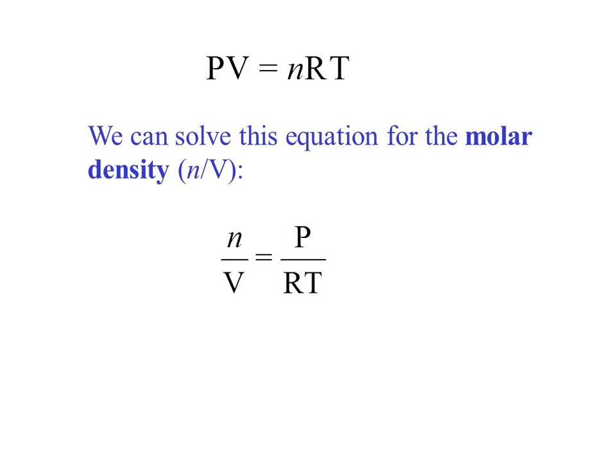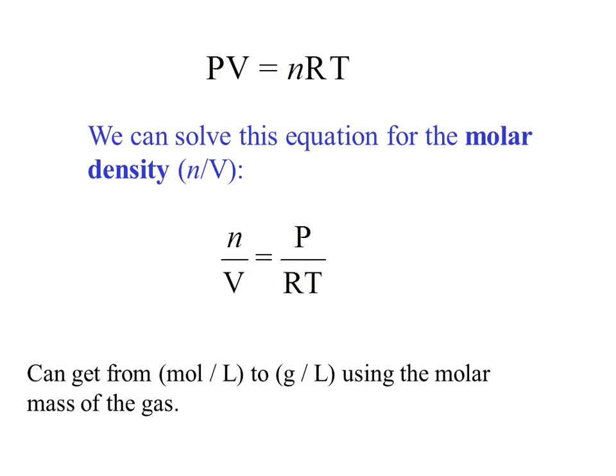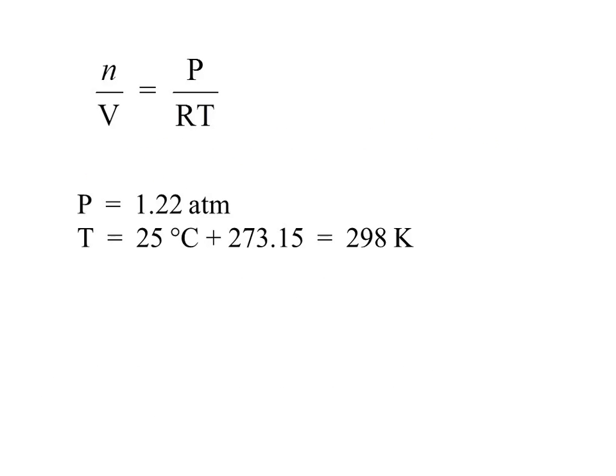This is moles per liter. All we've got to do is fix the temperature term. Now let's go ahead and plug in. Again, we can get from this molar density to the mass density using the molar mass, which we know for argon. We just have to use a periodic table.